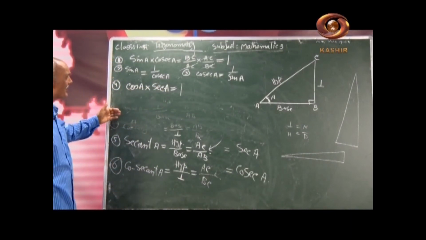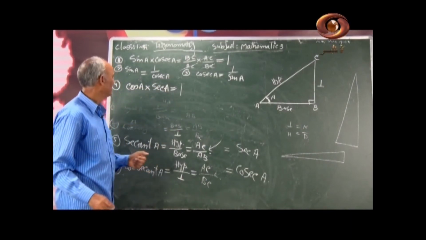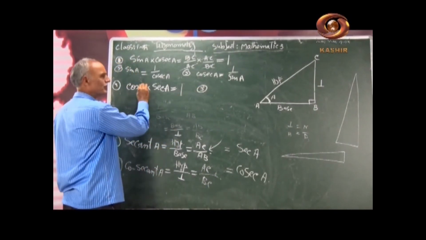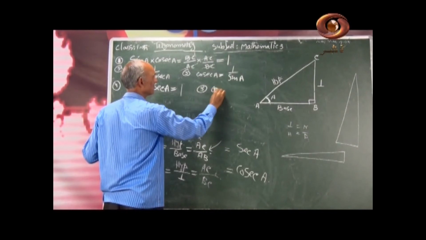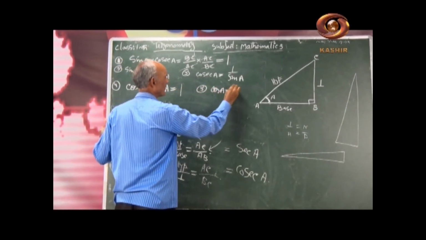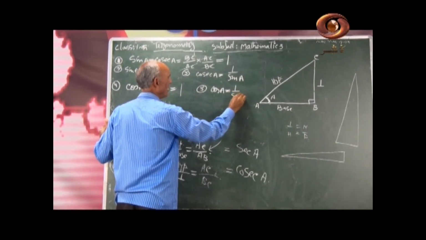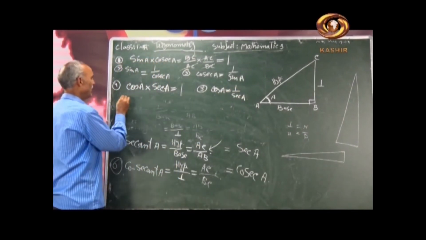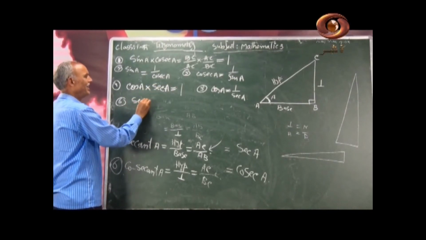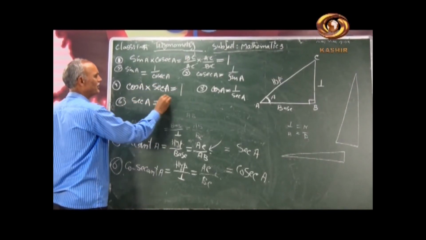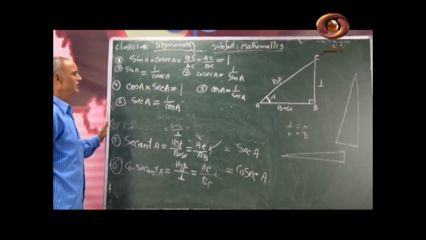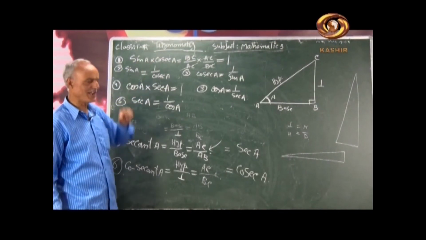So we say cos A into sec A is equal to 1. So we can derive cos A equal to 1 by sec A, and sec A can be written as 1 by cos A. So 3 more formulae, and 3 and 3 make 6.